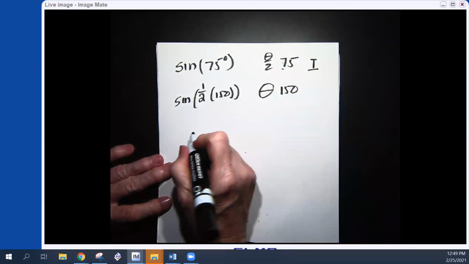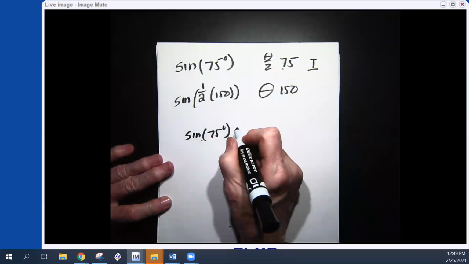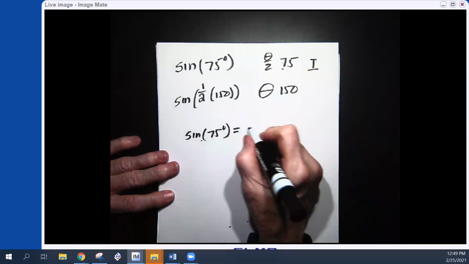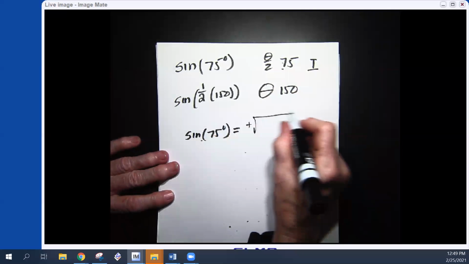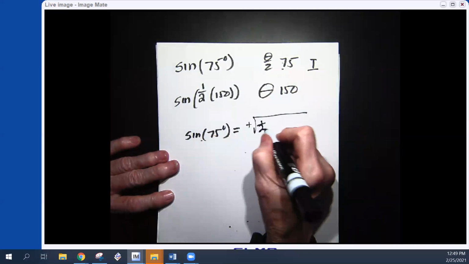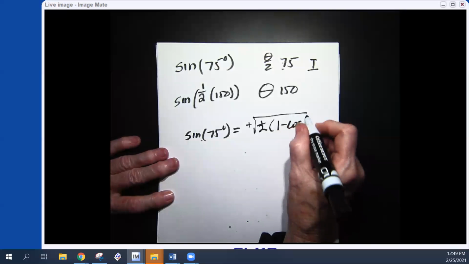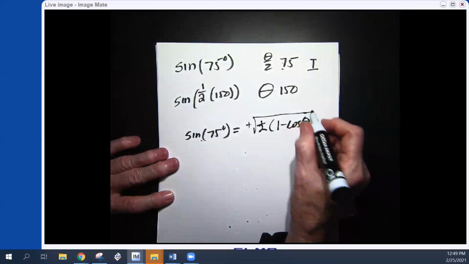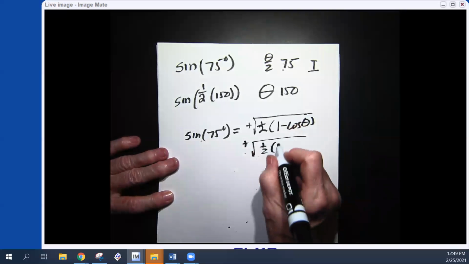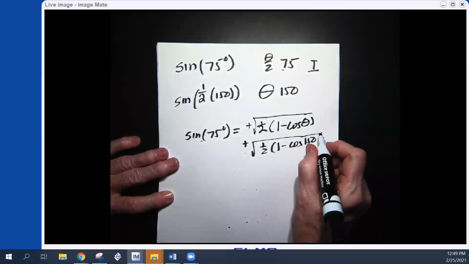So working through the problem, you would say the sine of 75 is going to equal positive square root of 1/2 times 1 minus the cosine of the angle. So for this one, that would be 1/2 times 1 minus the cosine of 150.